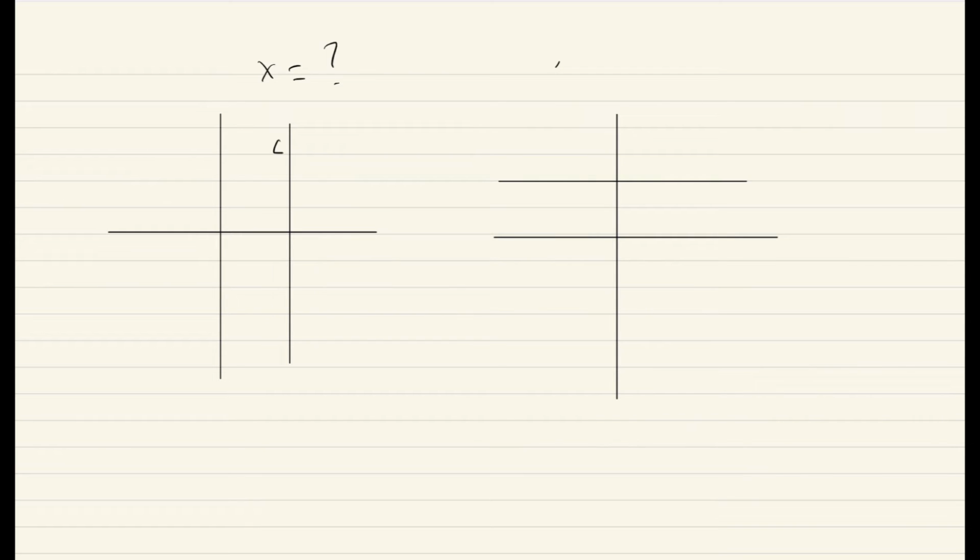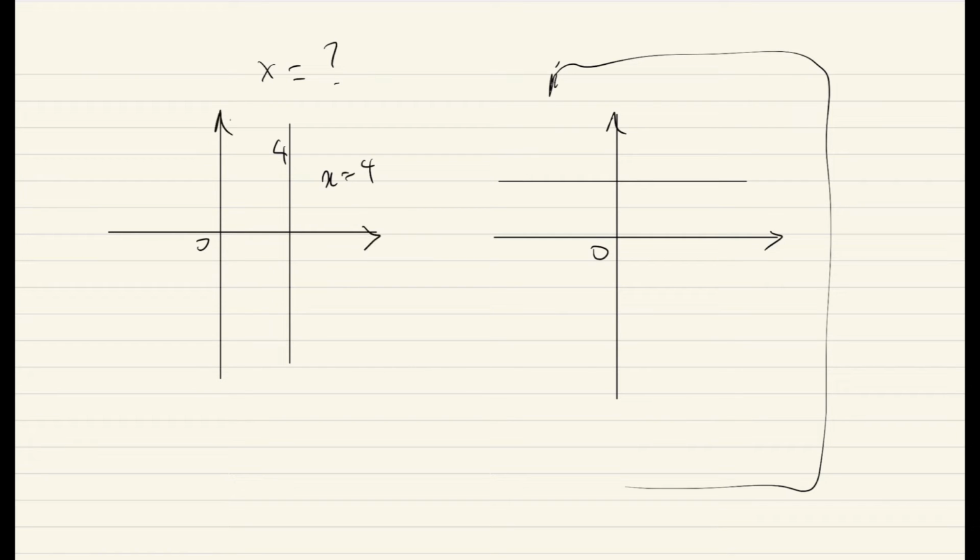So if this is 4, then it will be x equals 4. And in this one over here, to make it more clear, this would just be y equals something. So if this is 2, then it will be y equals 2. Very simple.